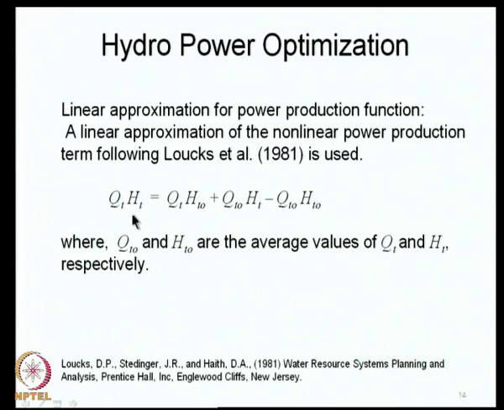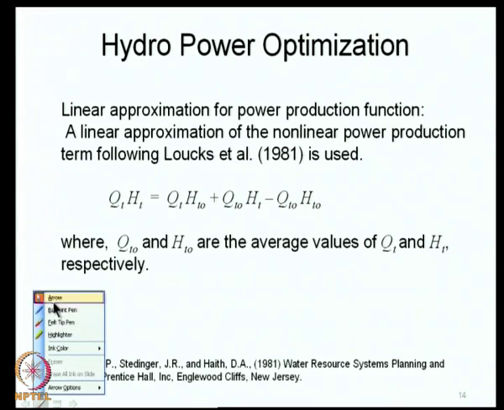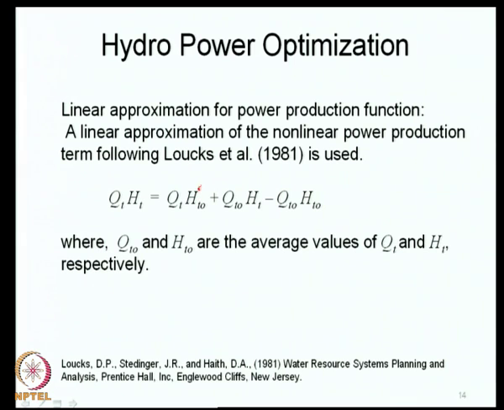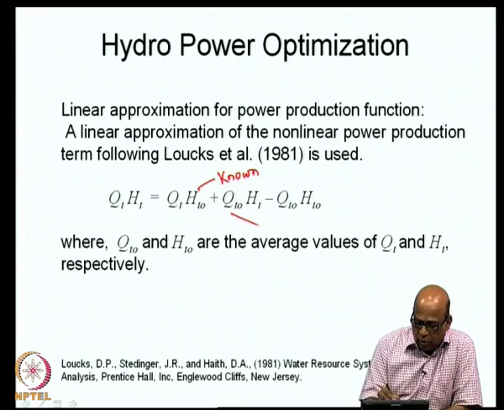What we do is we write Qt Ht, where Qt is the release that is made into the penstock. In our case, it will be RT, I will just come to that, and Ht is the net head. So, we write Qt Ht is equal to Qt into Ht naught, which is known, and Qt naught into Ht, Qt naught is known, minus Qt naught into Ht naught, both of them are known.